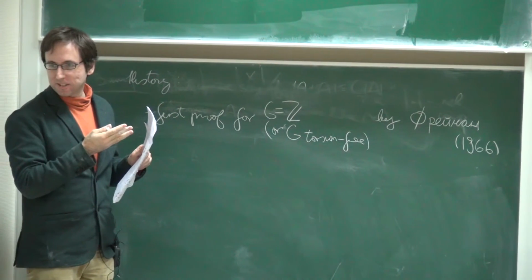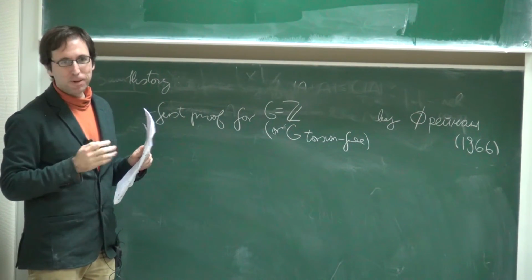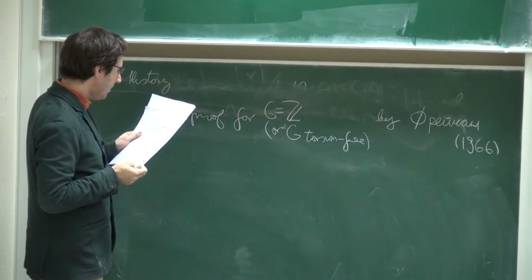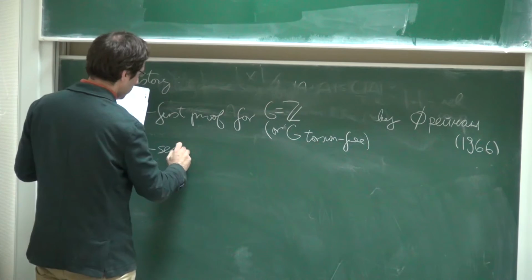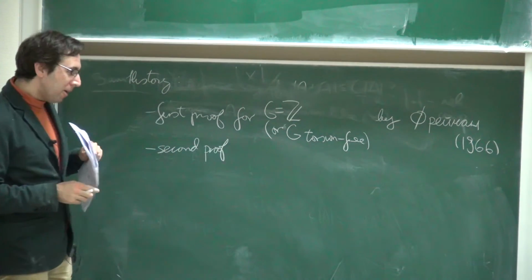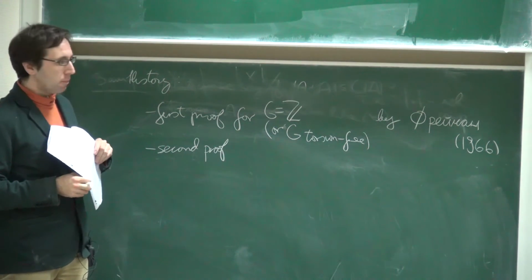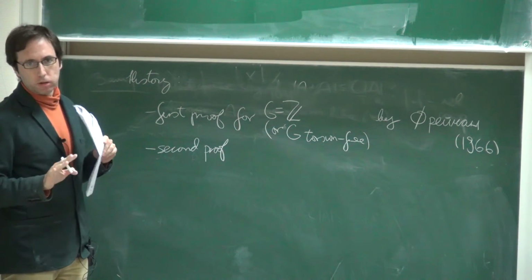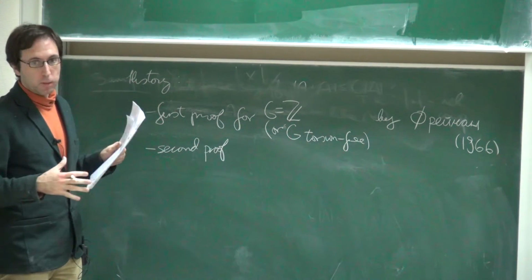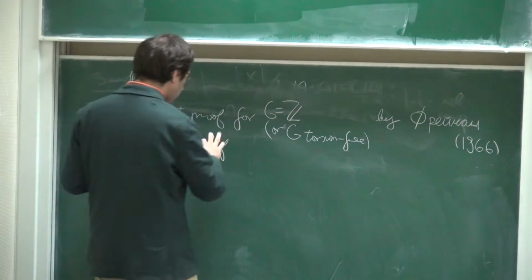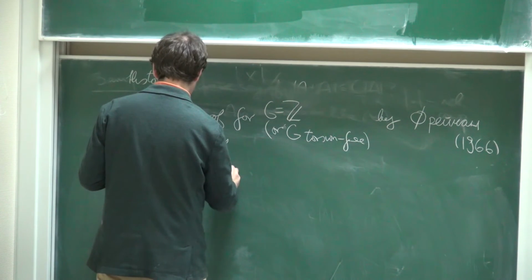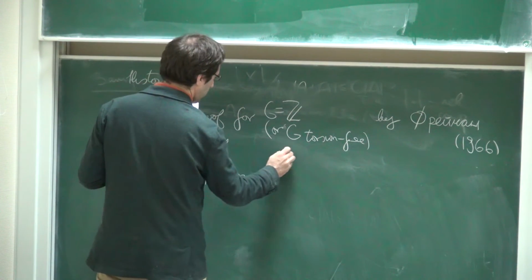That's how you spell it in Russian, right? Presumably. At any rate, the second proof, yes, so that proof was rather long and few people could follow it, but it's clear now that it's essentially correct. But it was hard to generalize, and people had some trouble understanding it. So there was a second proof, rather different, by Ruzsa, for the same case at first.